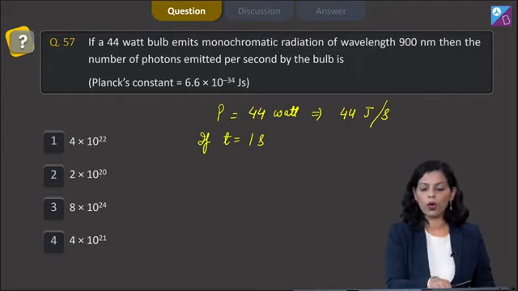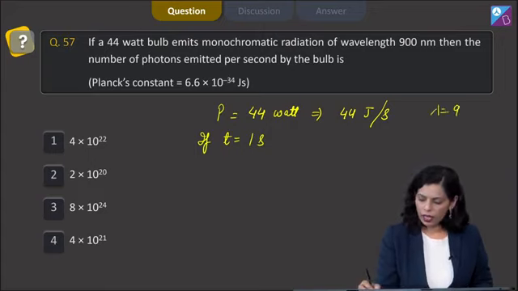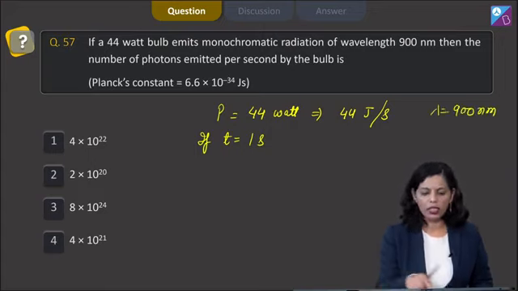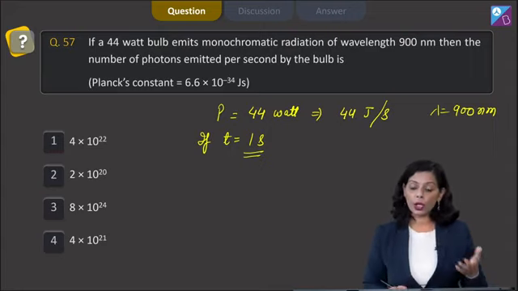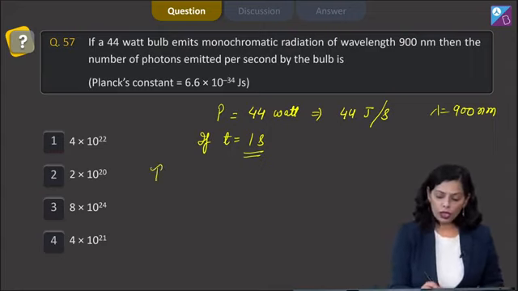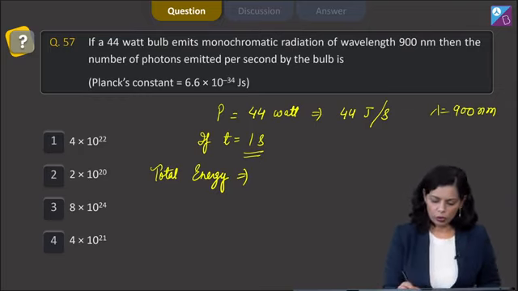If the time is 1 second, because later in the question you can also find it out. The wavelength is given, 900 nanometer, and the number of photons emitted per second means the total time given is 1 second. So if time is 1 second and power is 44 watt, the total energy would be 44 by 1, so 44 joule.